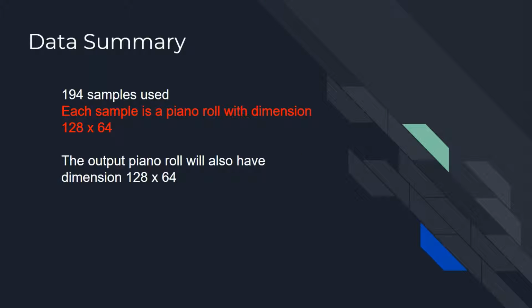In summary, out of the 275 original samples, we will use 194 samples, which were converted into a piano roll with dimensions 128 by 64. The output will also be a piano roll with dimension 128 by 64.